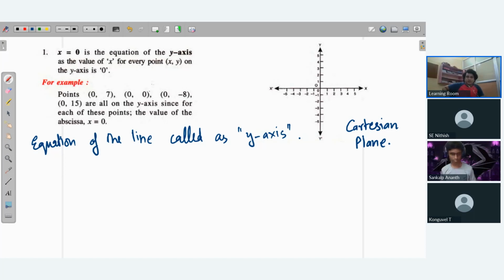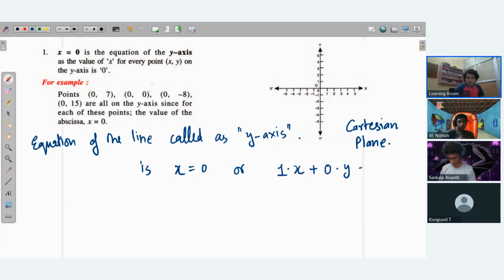So there are two lines on the Cartesian plane. I want to find the equation of the line called the y-axis. That equation is x equal to 0, or it is 1x plus 0y plus 0 is equal to 0.